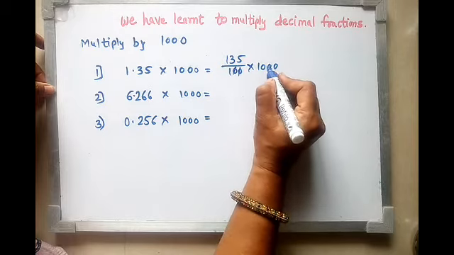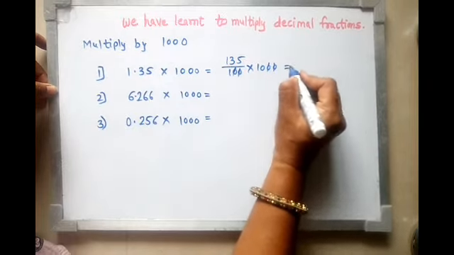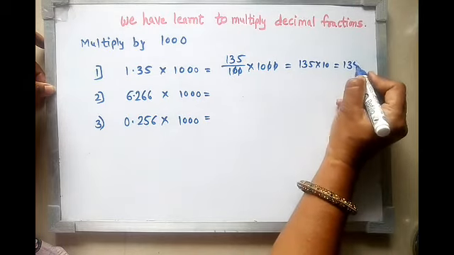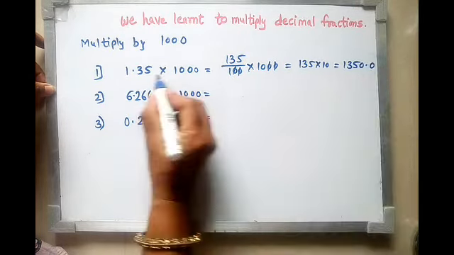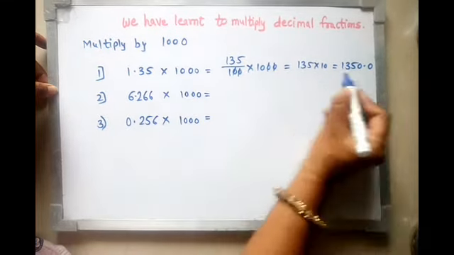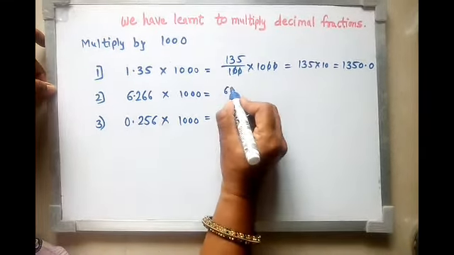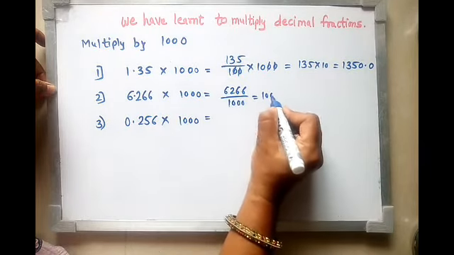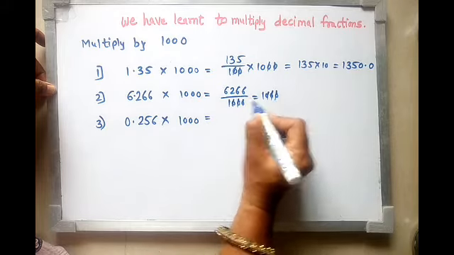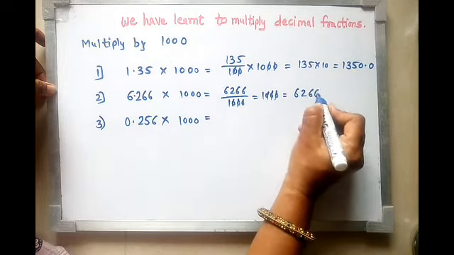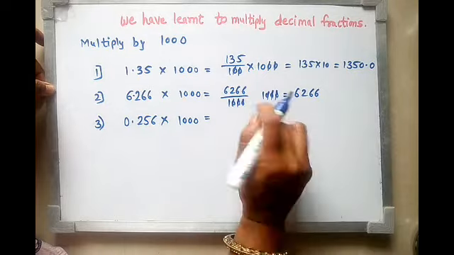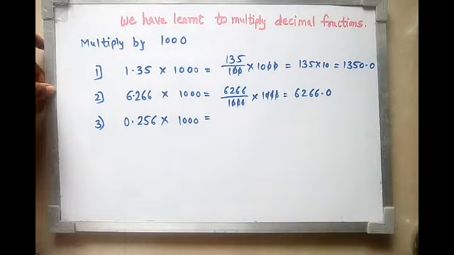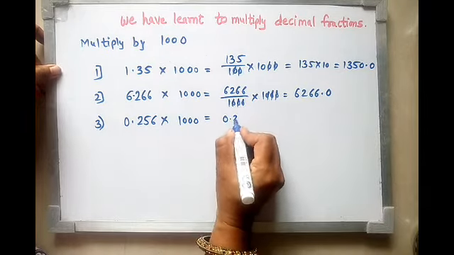When multiplying by 1000, the decimal point moves three places to the right side. 1, 2, 3. 6.266 into 1000, that is 6266 upon 1000 into 1000, the 1000s cancel, 6266.0. The decimal point moves three places to the right.